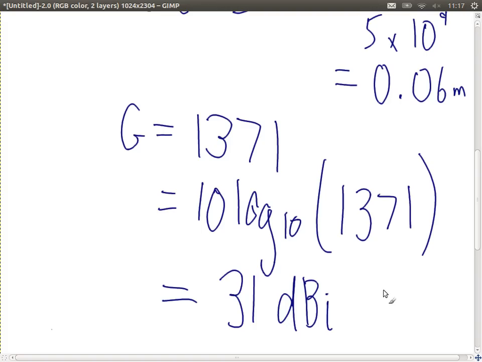Simply log of our gain multiplied by 10. So most antennas in practice you will see the gain expressed in dBi, but we can convert it back to the absolute value if needed.